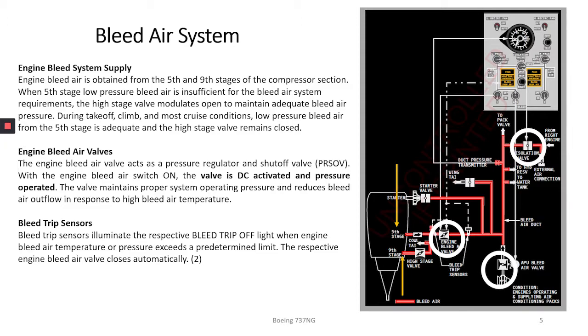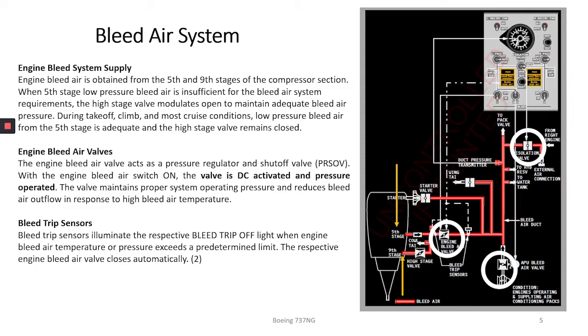We'll check that in the next slides. Also, starting the engine 1 valve open, engine 1 PRSOV closes. With the engine bleed air switch on, the valve maintains proper system operating pressure and reduces bleed air outflow in response to high bleed air temperature.